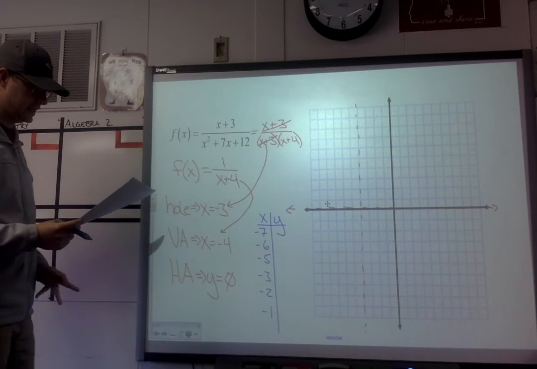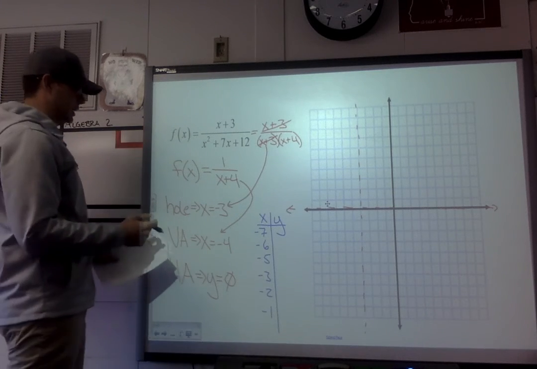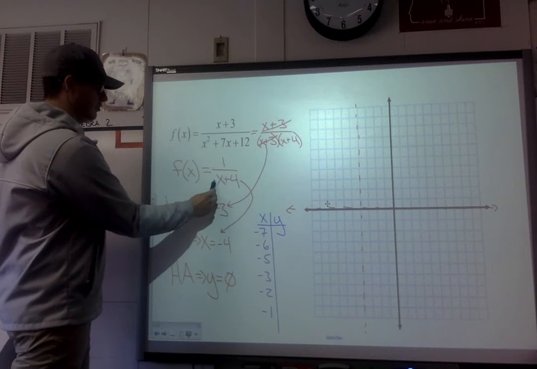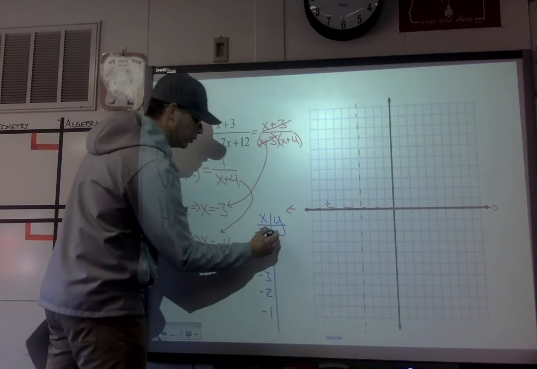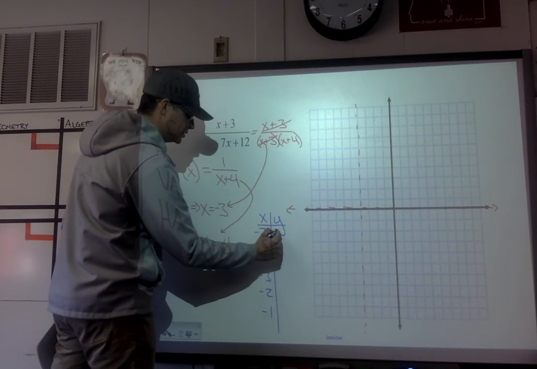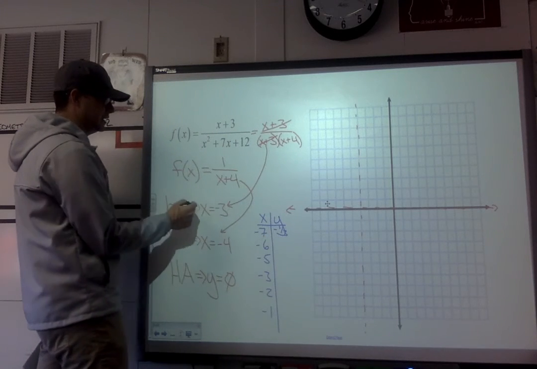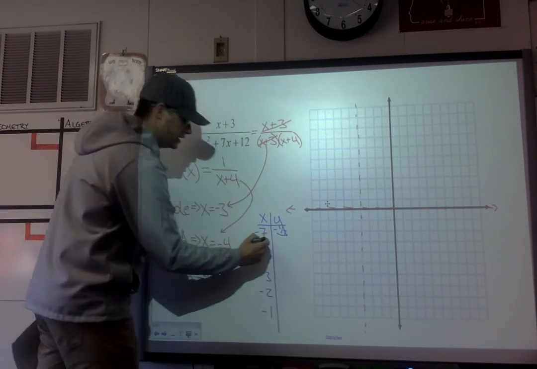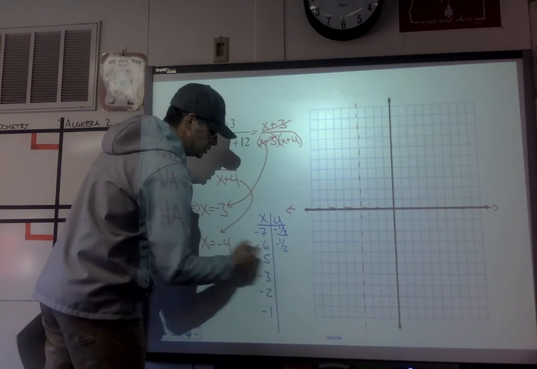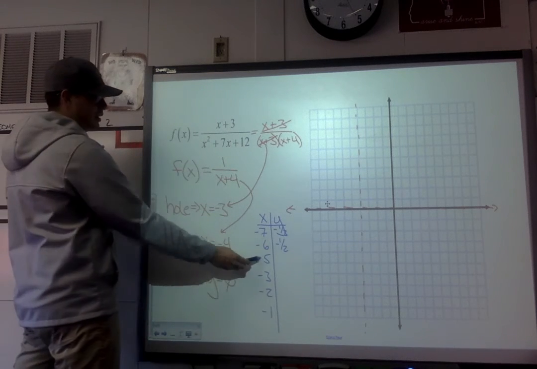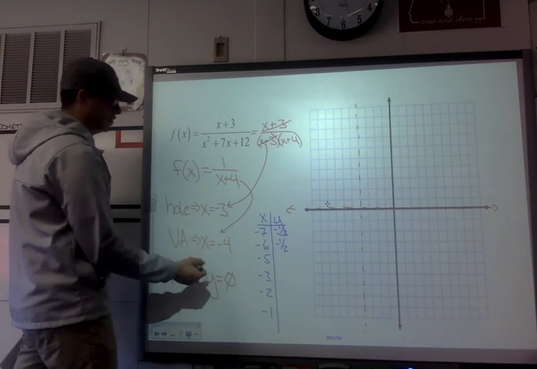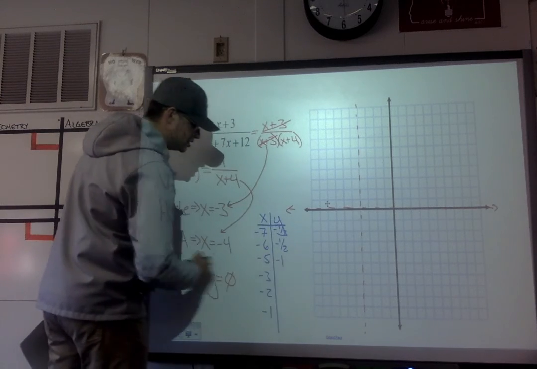So plugging in negative 7, I would get 1 over negative 7 plus 4, or 1 over negative 3, so negative 1/3. Plug in negative 6, I'm going to get 1 over negative 2, which is negative 1/2. Plug in negative 5, 1 over negative 1, which is negative 1.